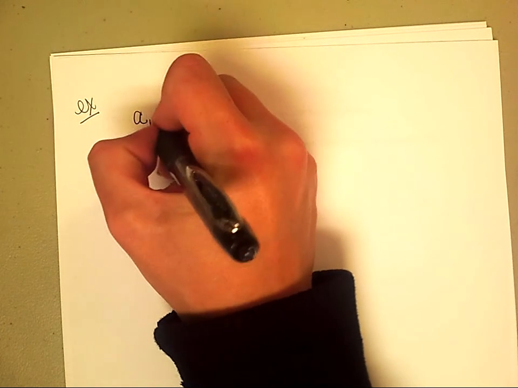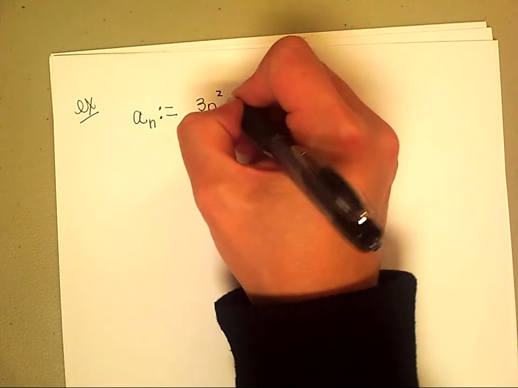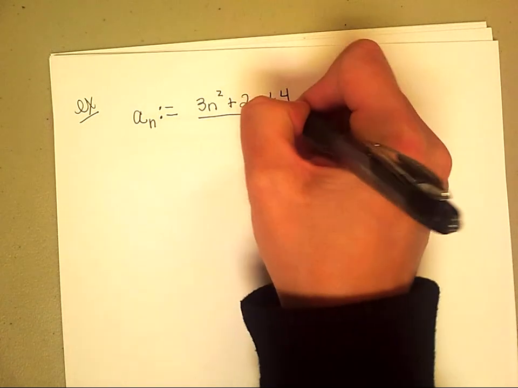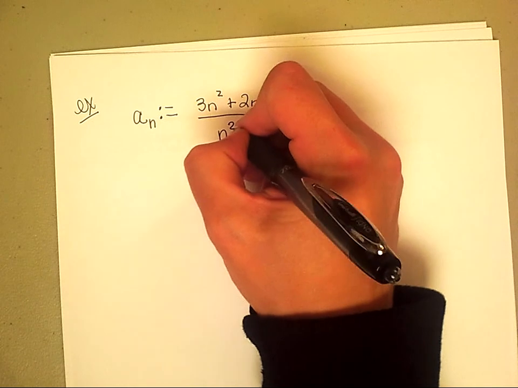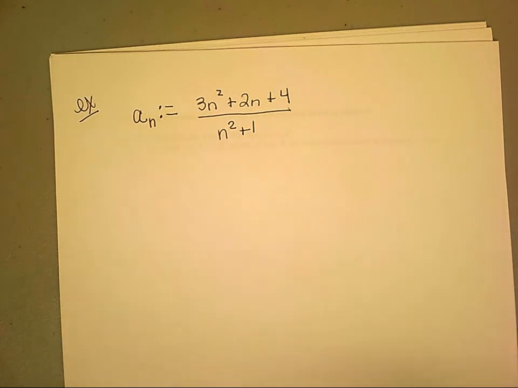Alright, so we've got a sequence, and let's let it be generated by a sub n equal to 3n squared plus 2n plus 4 over n squared plus 1.